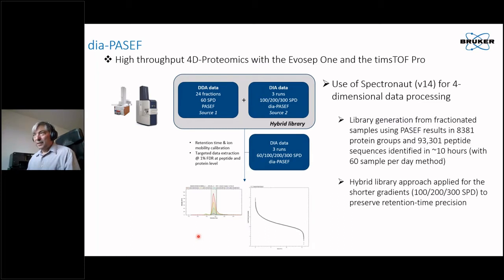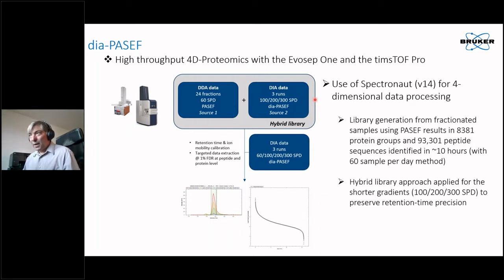For these experiments, we generated a library with 24 fractions from HeLa using the 60 sample per day method. The library generation and the analysis were done on Evosep using Evosep standard methods. Then we did the DIA data in triplicate using 100, 200, and 300 sample per day methods.